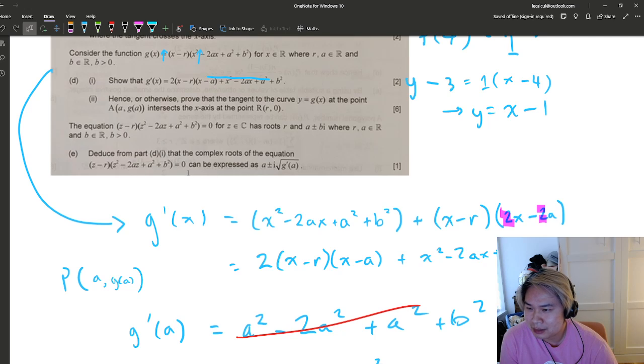Okay, these two are the exact same equation, which means that all I need to show, because we know that this has these complex roots, a plus bi, and they're just saying that you can express those complex roots like this. So if you compare the two, all I basically need to show is that the square root of g prime of a is going to equal b.